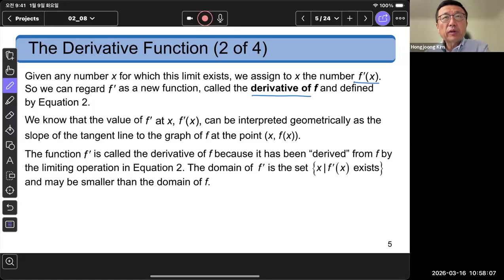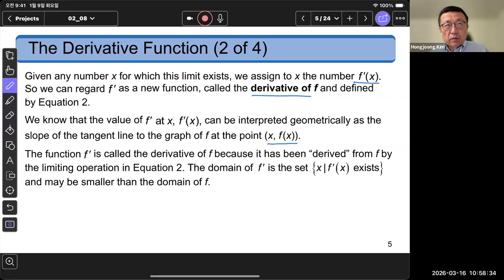So we know that f prime of x can be interpreted as the slope of the tangent line of the function f at this given point. And this f prime is called the derivative because it has been derived from f by some limiting operation.